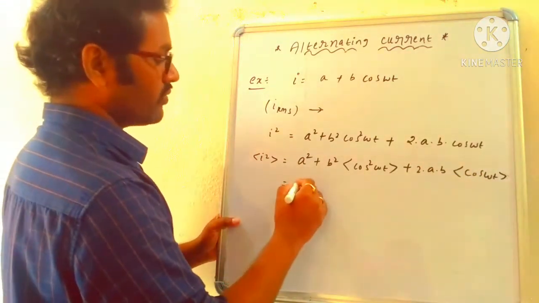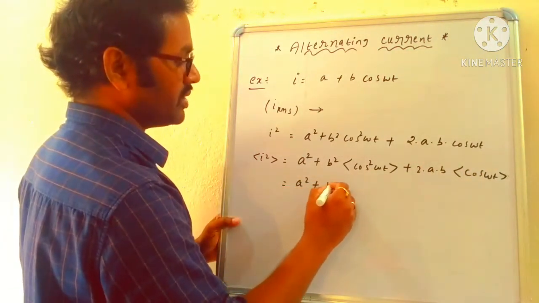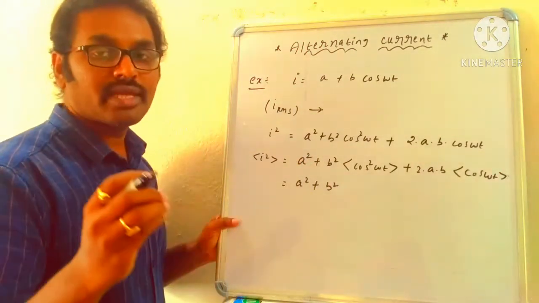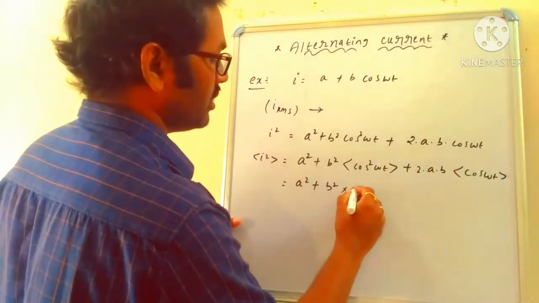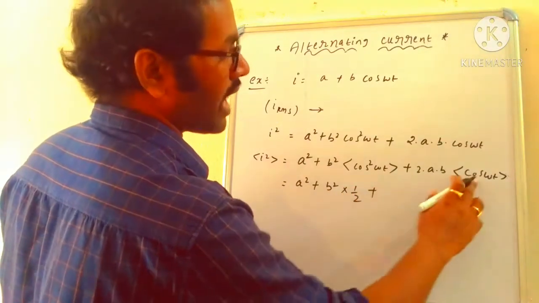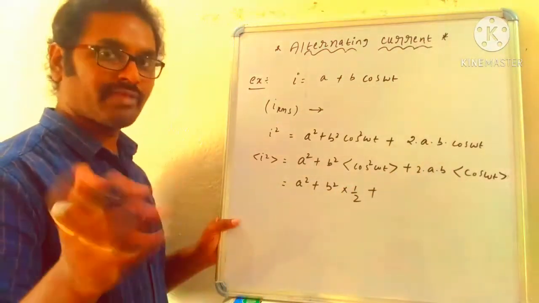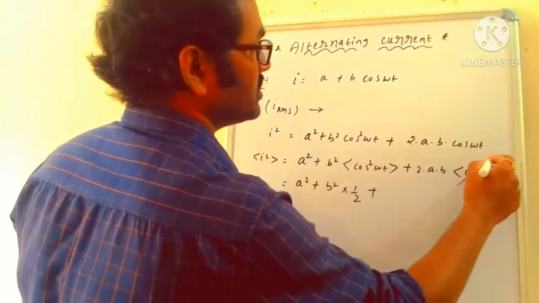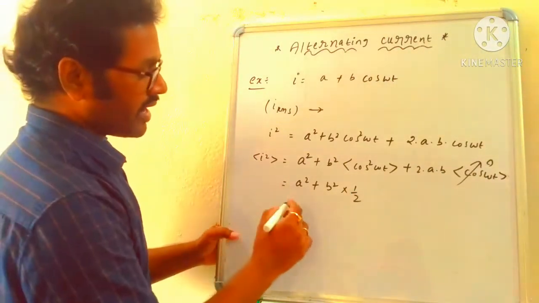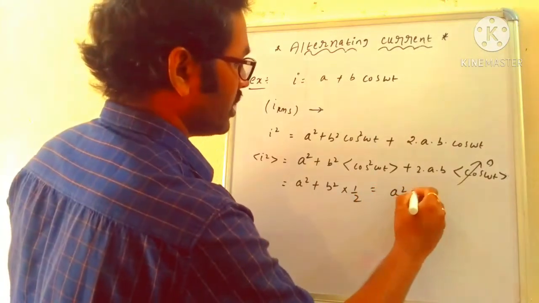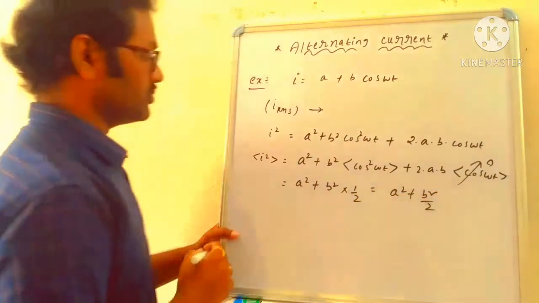That is a square plus b square into 1 by 2, which I got right here, plus the average of cos omega t, which is always 0. So you won't get any further term. You got a square plus b square divided by 2.